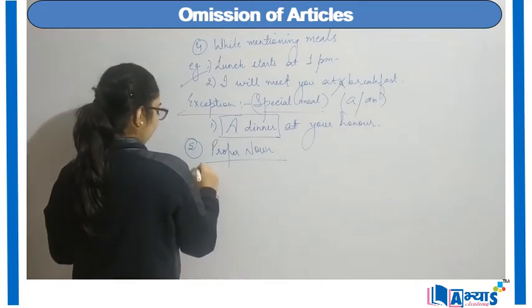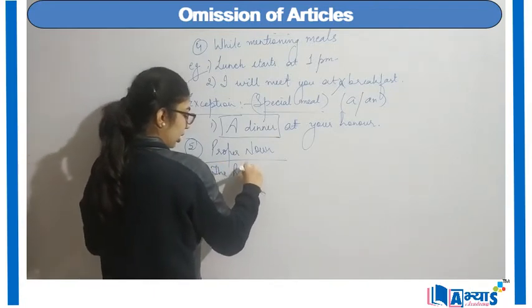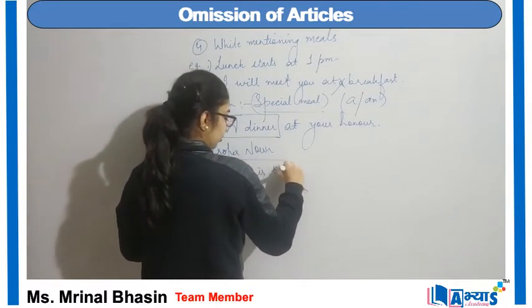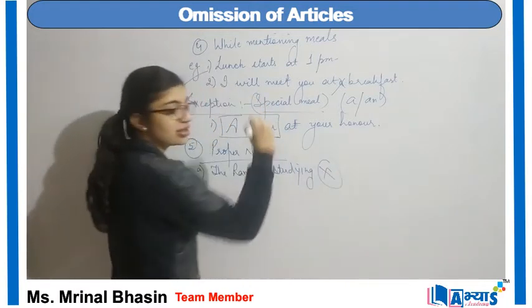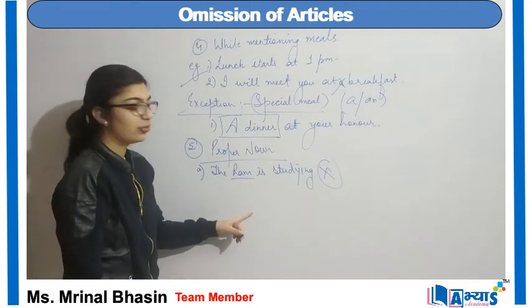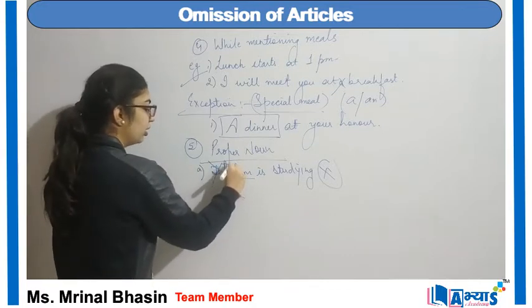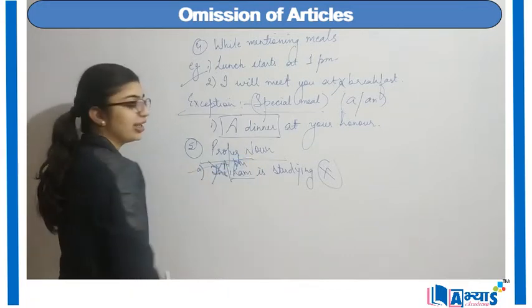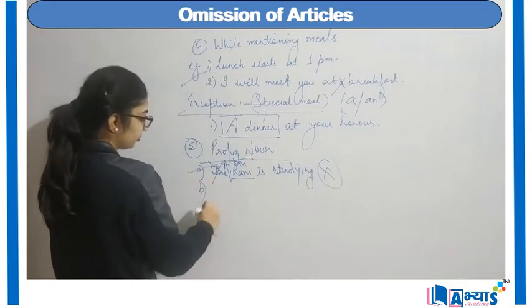Generally, if I say "the Ram is studying," my sentence is wrong. Why? Because Ram is a proper noun and before a proper noun I can never use the, a, or an.